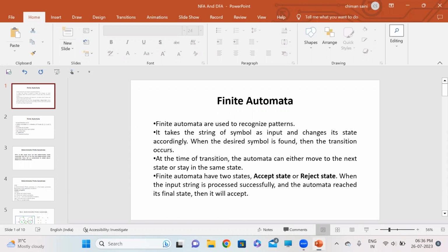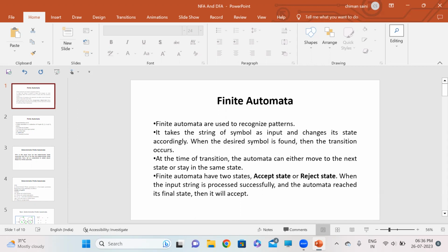So, we can see automata as a machine. We will use finite automata as a machine that is used to recognize patterns. It will take a string of symbols as input and change the state accordingly.